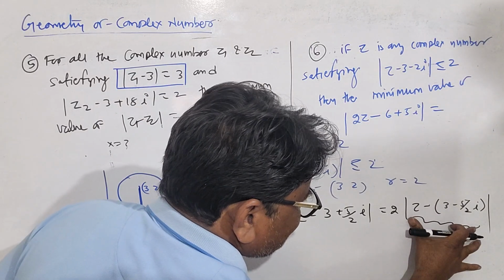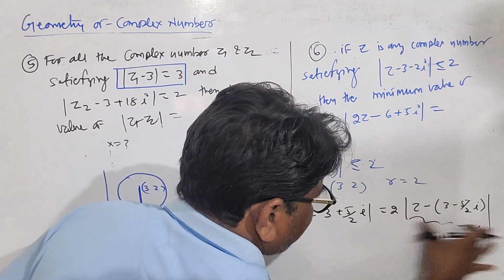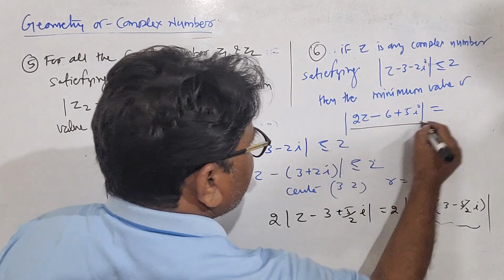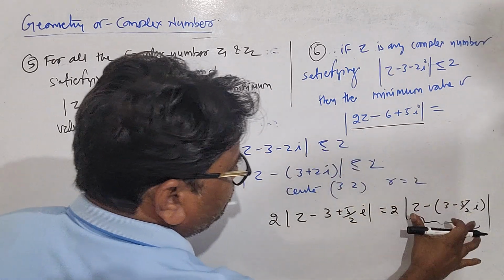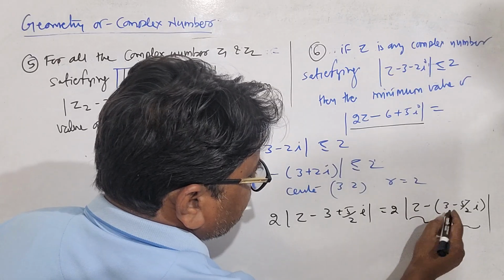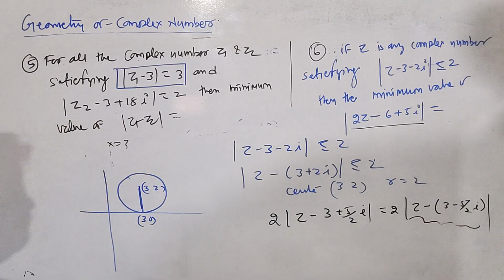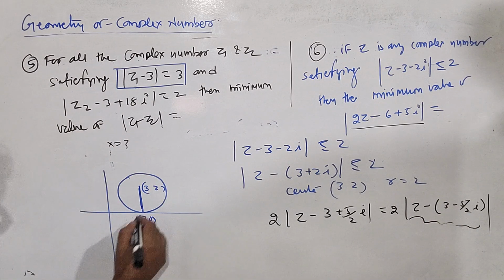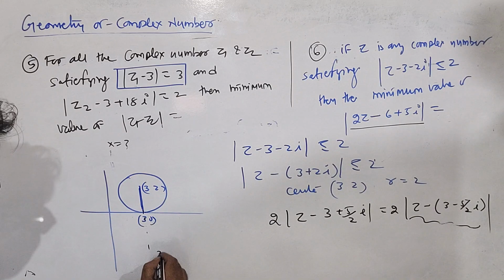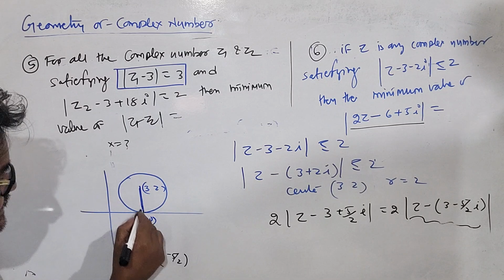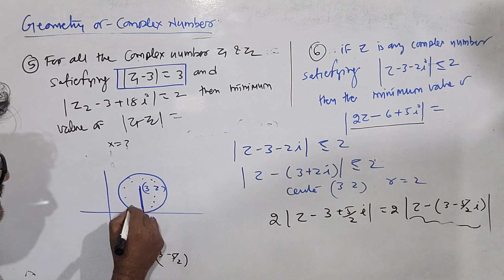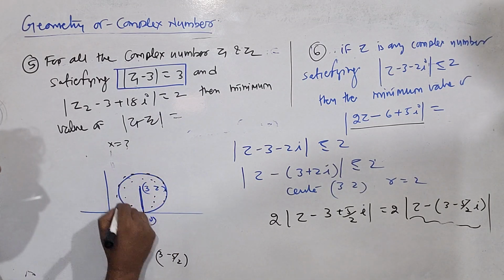So what is the minimum distance? The minimum value of this will depend on the minimum distance from the point, the complex number (3, -5/2). Correct? z lies either inside or on the circumference of the circle.